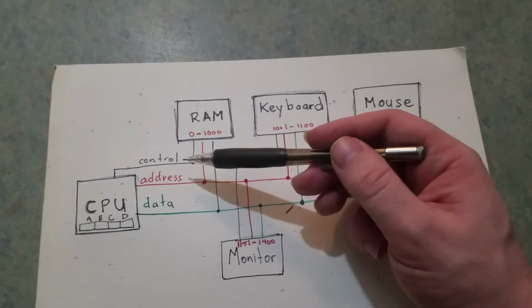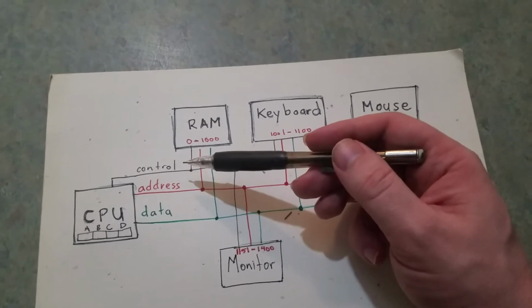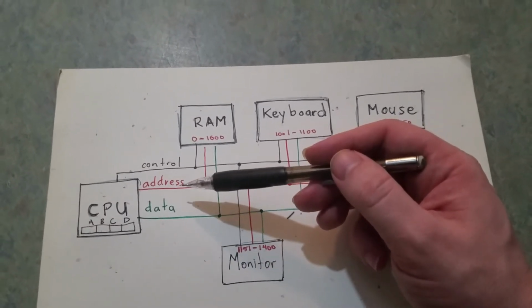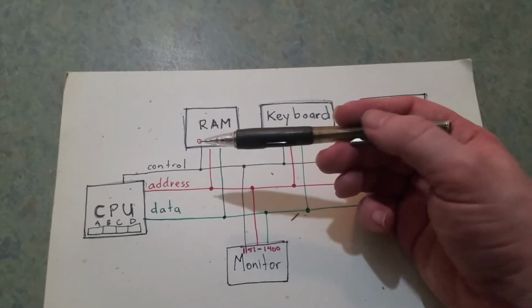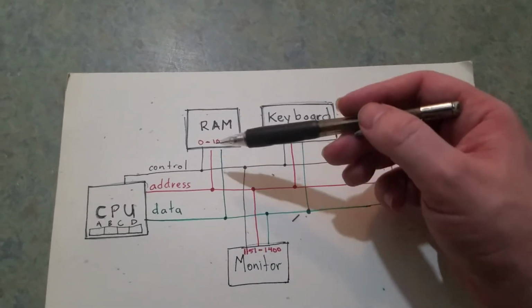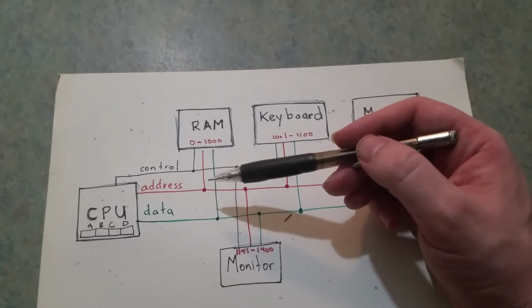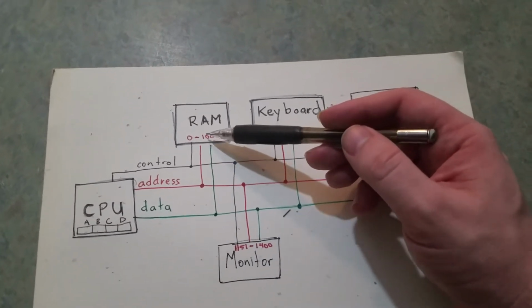So that's what the control is mainly for, determining read or write. The address lines determine what address we are talking to. This is kind of like an address for a house, like your home.